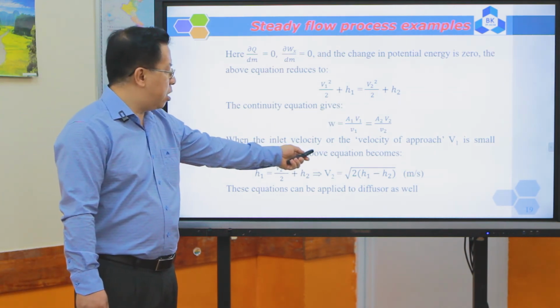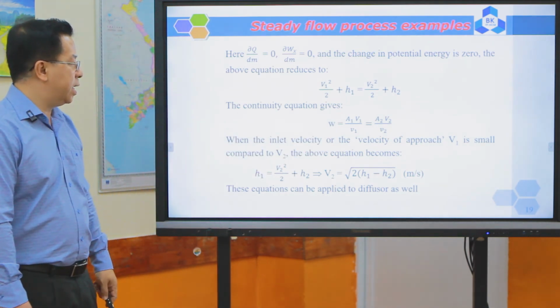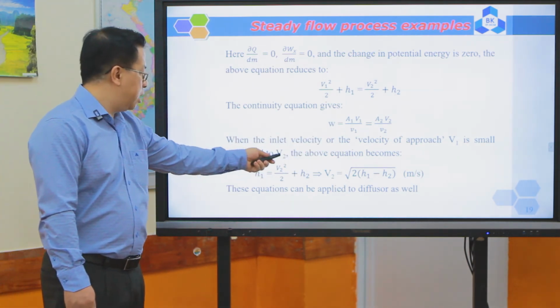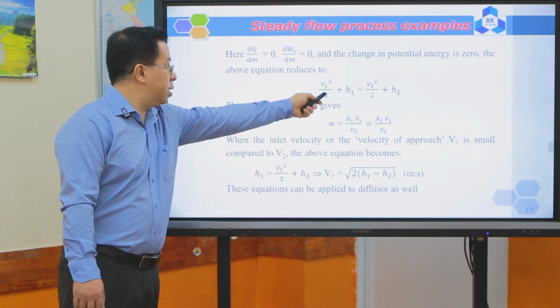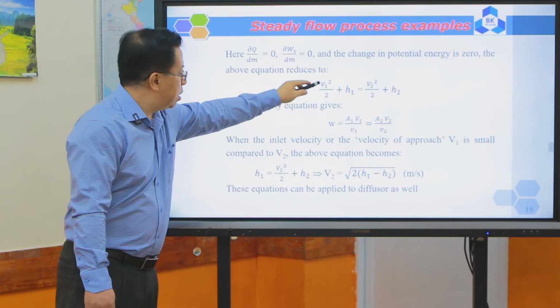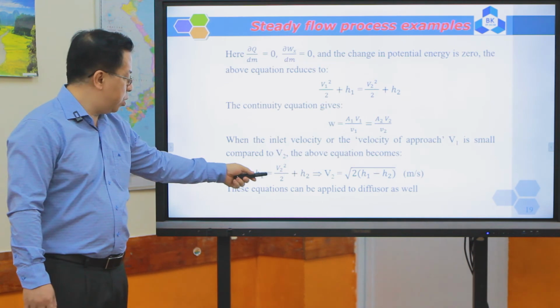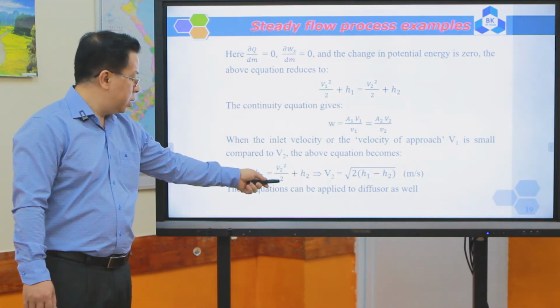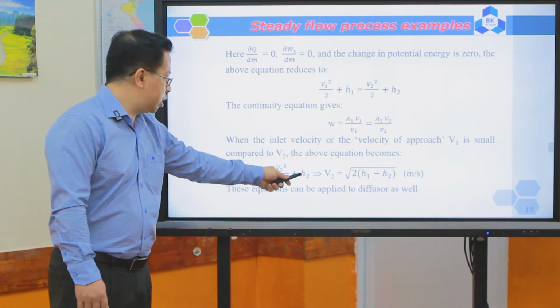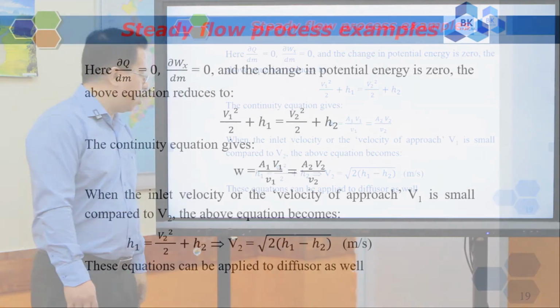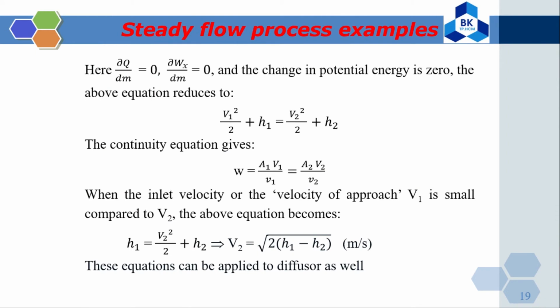When the inlet velocity, or velocity of approach, V1 is very small compared to V2, we just ignore it, and we get H1 equal to V2 squared divided by 2 plus H2. In that case, we can calculate the velocity at the output section, V2 equal to the square root of 2 times H1 minus H2. This equation can be applied for the diffuser as well.